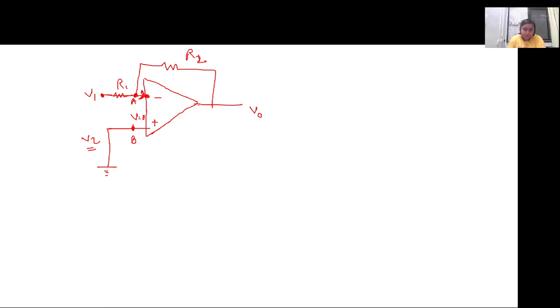Now, just to reiterate, for example, if this was a non-ideal case, let's say this is V1, this is V2, negative, positive, this is V0, R2, let this be equal to R1.